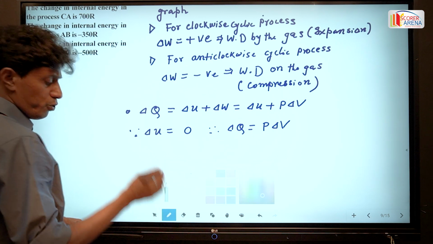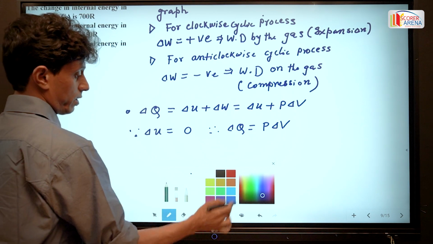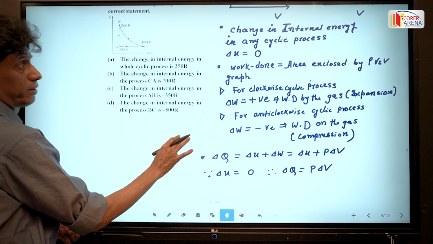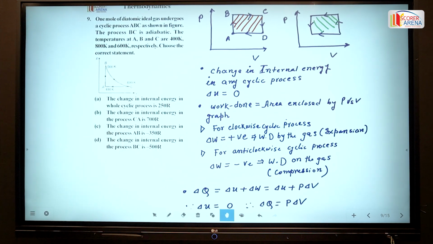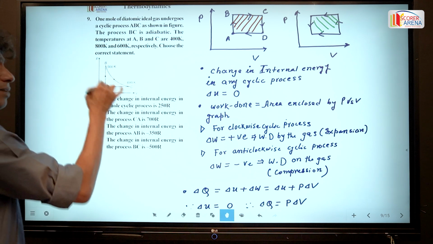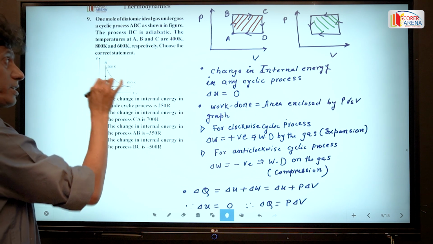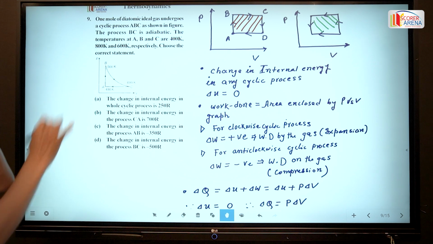Now we move forward to the problem for the solution. Before calculating anything, particularly in this problem, one graph is given, the ABC cyclic process, with temperatures 800 Kelvin, 600 Kelvin, 400 Kelvin given respectively.